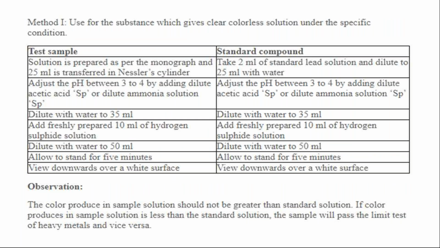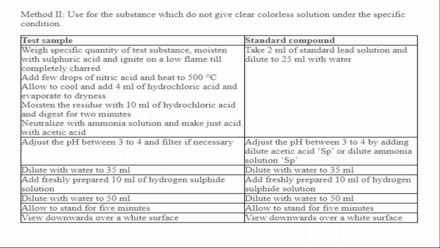In method 1, you took 25 ml of the solution as was there in the monograph, and then you just made the pH 3 to 4. Whereas in method 2, what did you do? You took a specific quantity of substance, then added H2SO4, charred it, then again heated it to 500 degrees centigrade by adding nitric acid, then allowed it to cool and added 4 ml of hydrochloric acid. Again you added hydrochloric acid and boiled for 2 minutes.